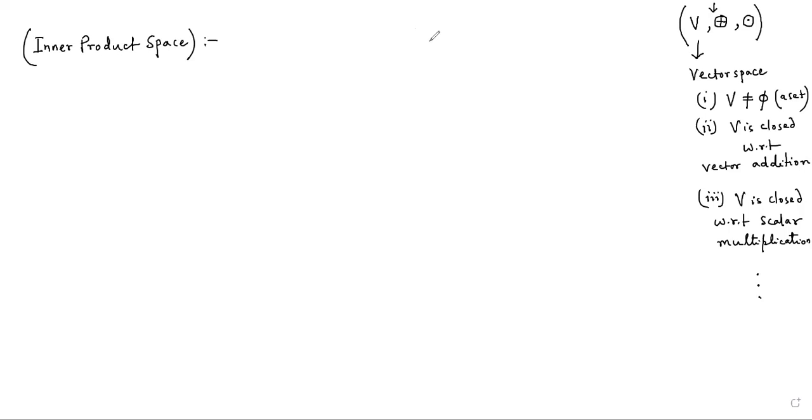And then we try to connect the addition with multiplication, where the scalar is getting multiplied by the vector.